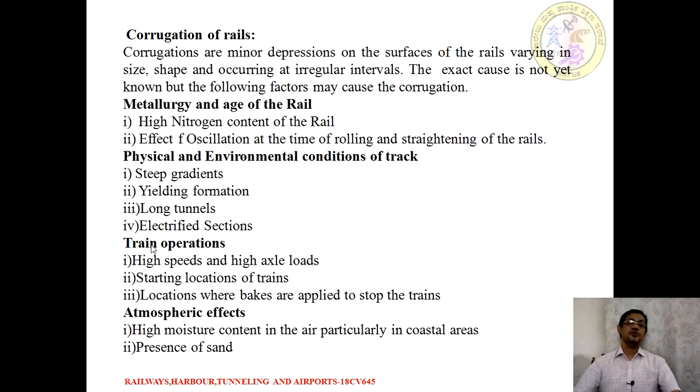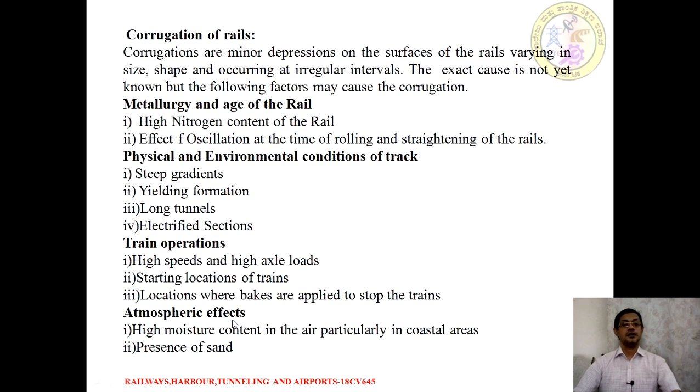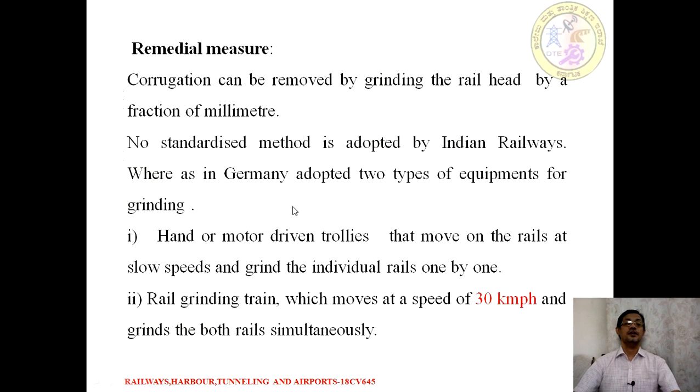With respect to train operation, the speed of the train, the axle load of the train, and the starting location where the brakes are applied to stop the train are all accountable for corrugation. Similarly, external agencies like the atmosphere may cause corrugation, namely high moisture content in the air, particularly in coastal areas because of humidity, and also the presence of sand.